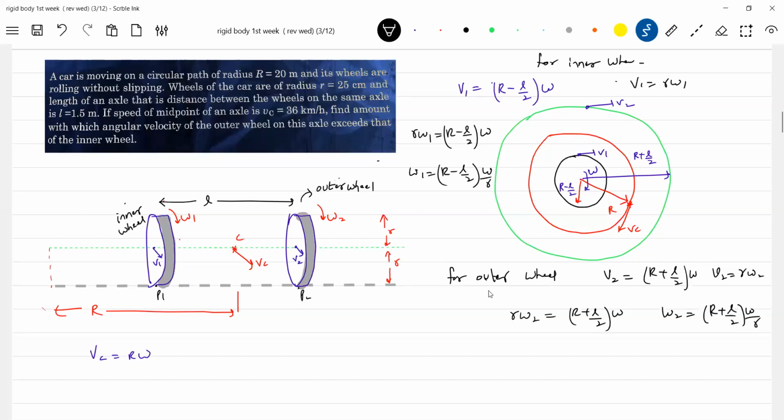The difference between them should be equal to L omega by small r, where omega should be equal to L Vc by small r capital R.